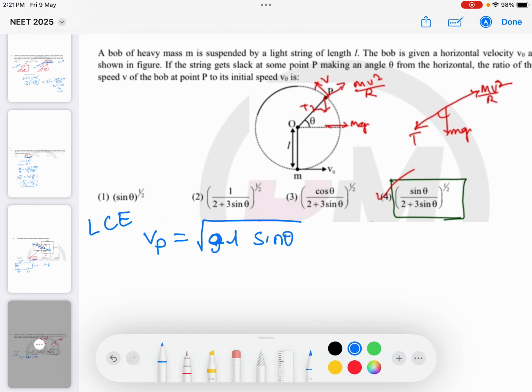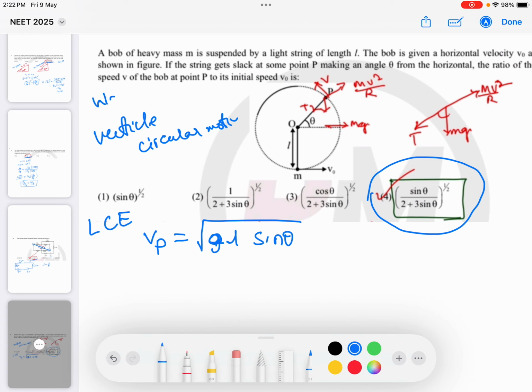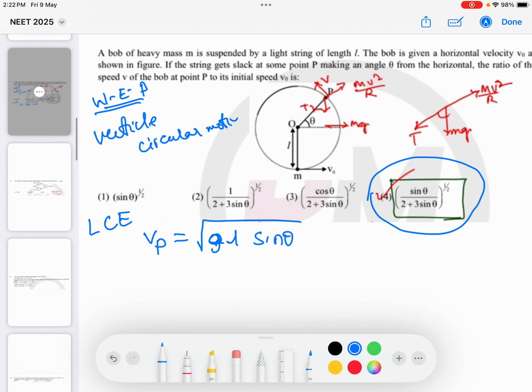On calculating we get the answer is sine theta divided by (2 plus 3 sine theta) whole power 1 by 2. This is actually work power energy, vertical circular motion. This topic belongs to vertical circular motion. Main topic is work energy power.